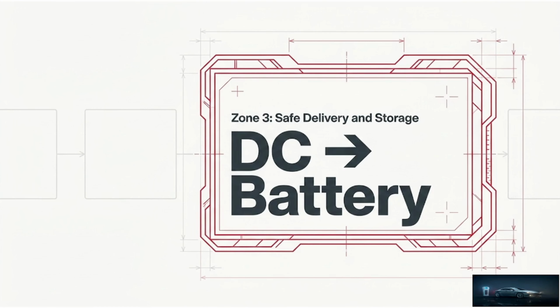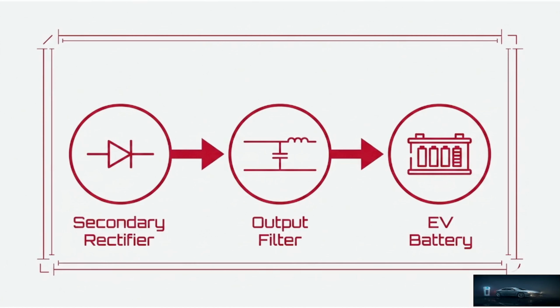Now we enter zone 3, the final stage. Here our job is very simple. Take the processed power and deliver controlled DC to our EV battery. Again, we have 3 stages in zone 3 that we are going to discuss.